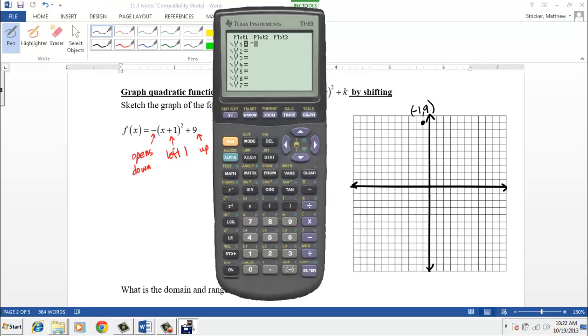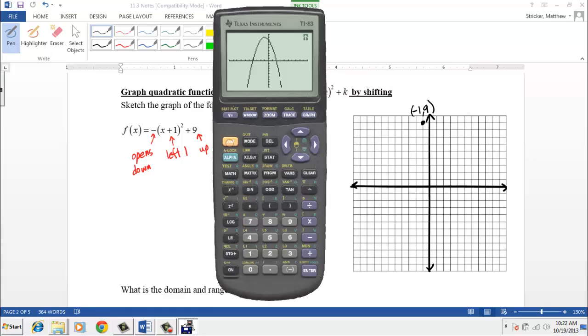It's negative parentheses x plus 1 squared plus 9. Or you could use the caret, x squared plus 9. Either way, you're going to get the right equation. I'm going to hit zoom option 6 here. And we can see that it definitely looks like the vertex is where we expected at negative 1, 9.